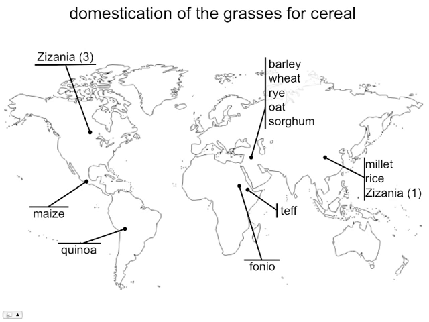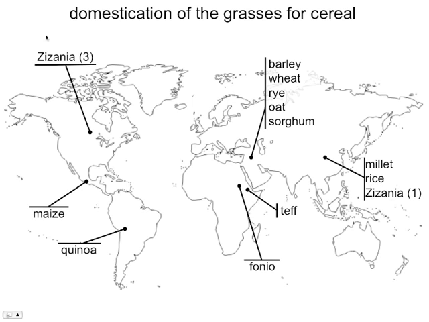Also worth mentioning are millet and rice. These are domesticated in Asia, and I mentioned that there's one wild rice species that's domesticated in Asia as well. Again, all of these around 8 to 10,000 years ago. Teff and fonio, here I'm just pointing these out to you. Again, domesticated in Northeast Africa.